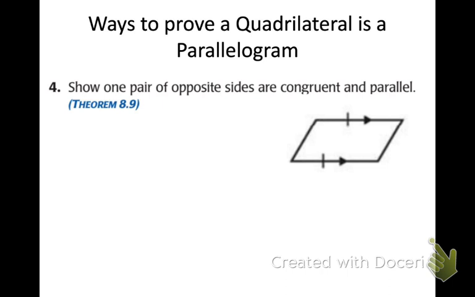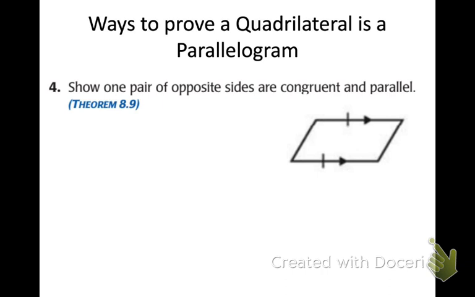Take notice, it needs to be the same set of opposite sides. I can't have one set of opposite sides congruent and then the other set of sides parallel. It needs to be the same side. It needs to be showing both congruency and parallel. And remember, there are those triangles being parallel. Remember that, right? Forgot to mention that back when we wrote number 1.